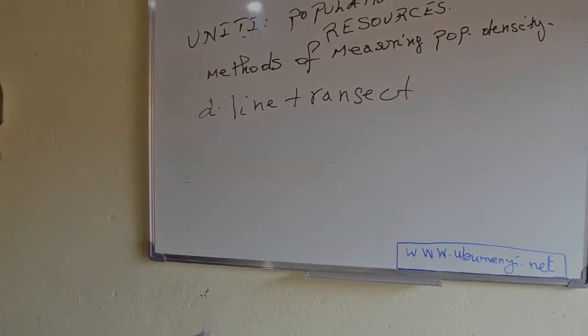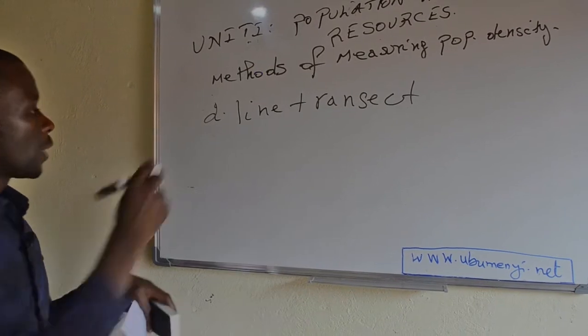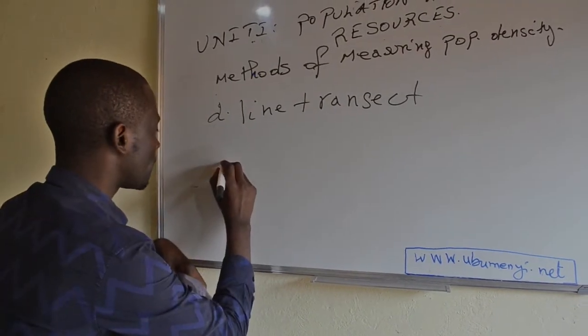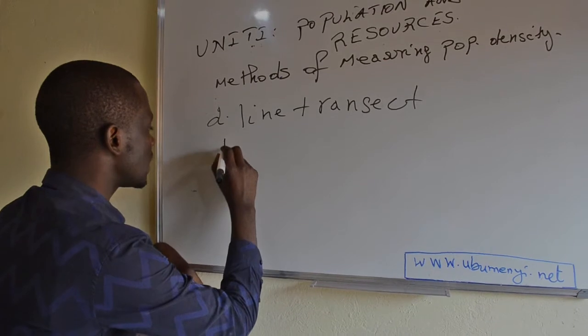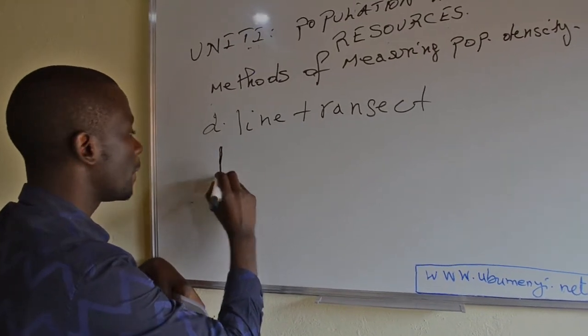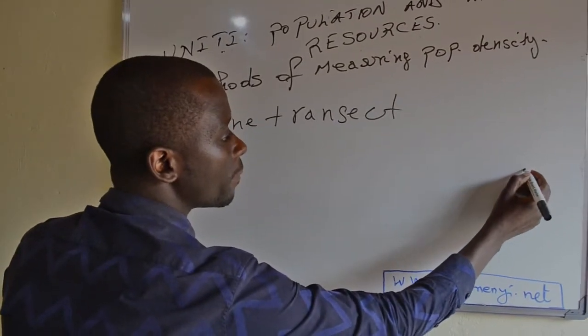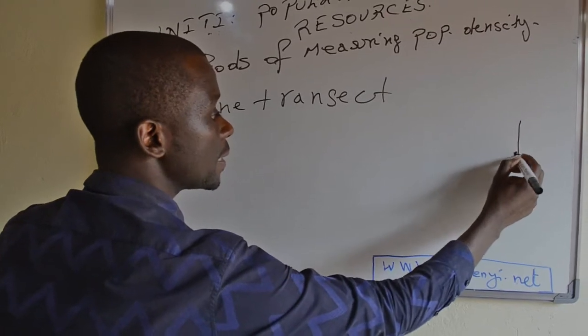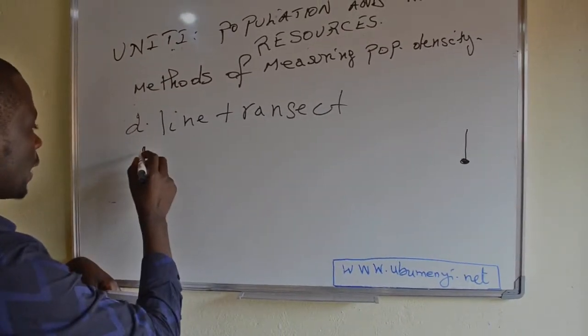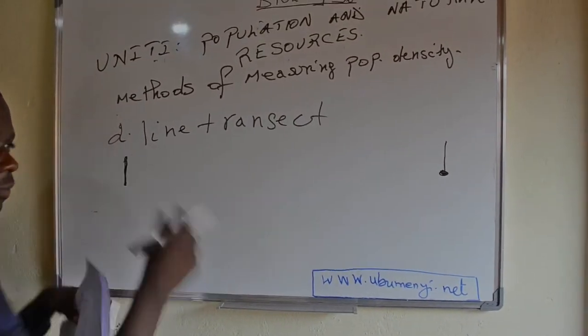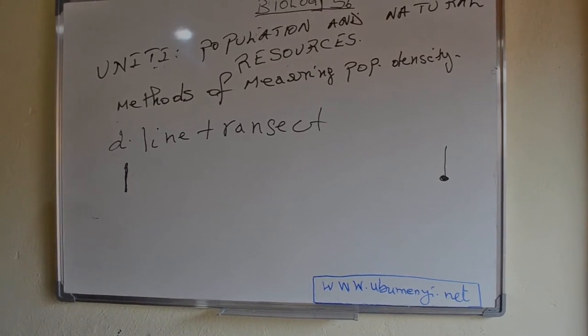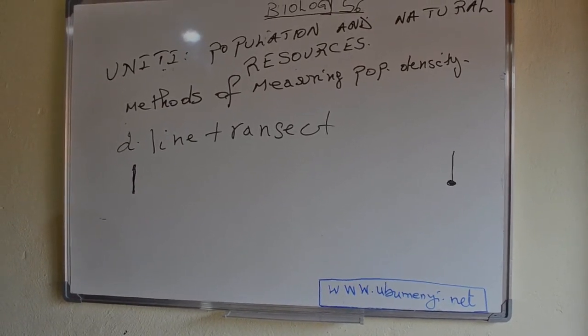How does the line transect work? You place a hole here with a certain tree, another hole here with a certain tree, and you put a rope here, in this form, okay?